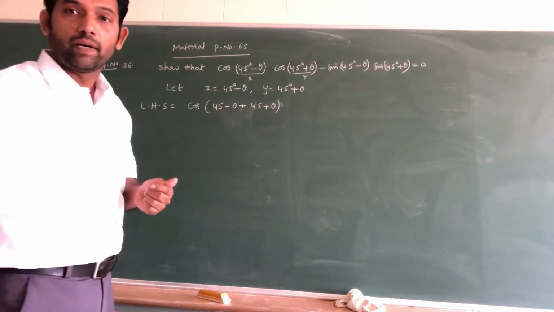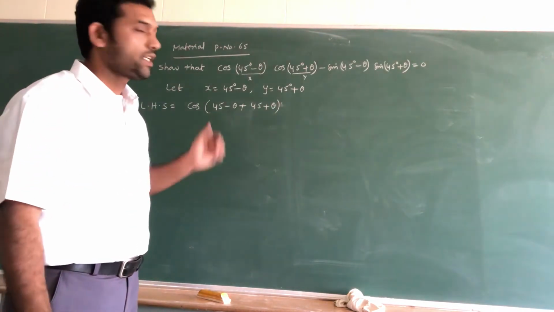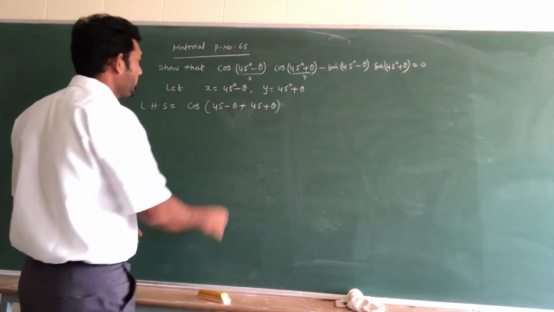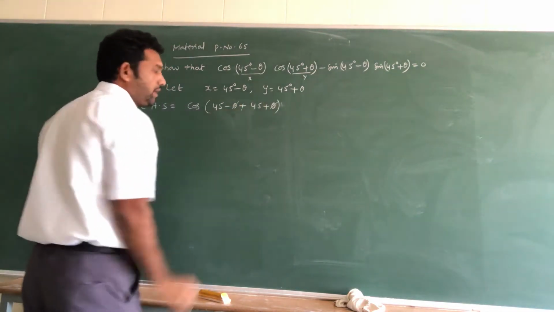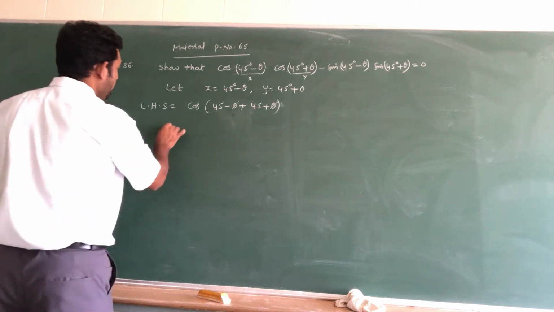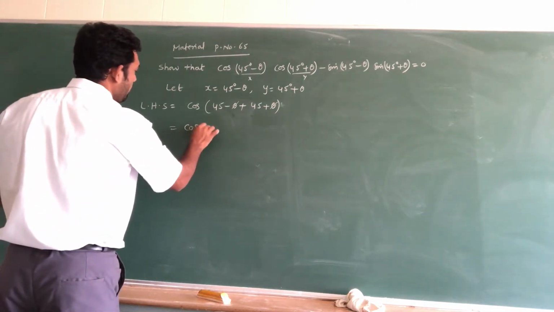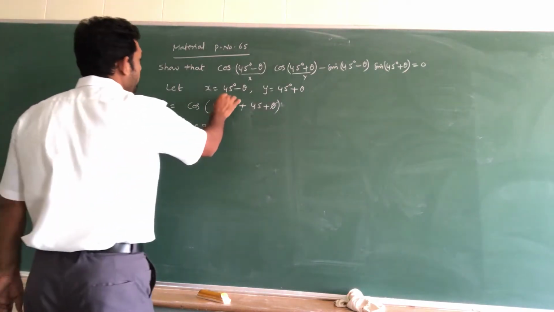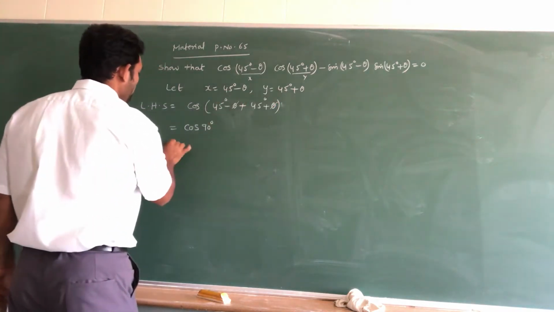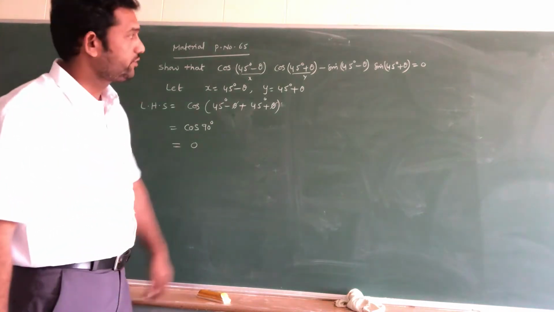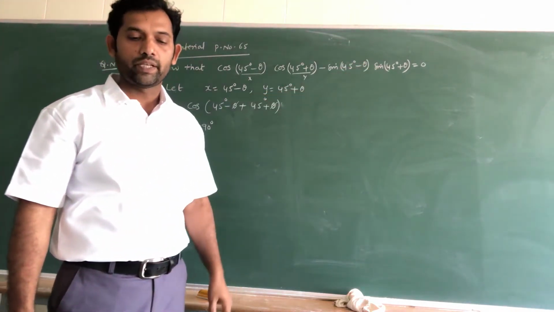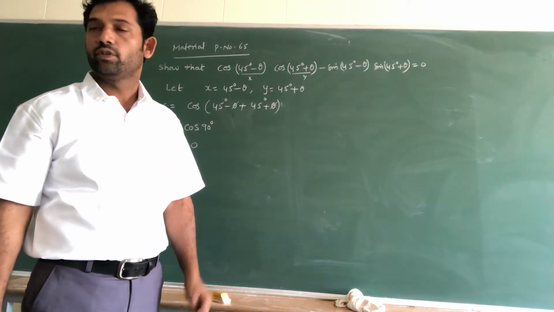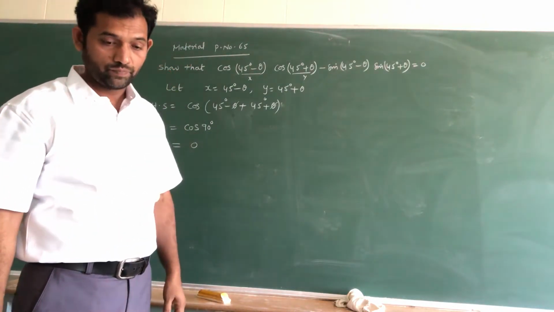So x plus y: plus theta and minus theta cancel. Then what is remaining? 45 plus 45, 90 degrees. So cos 90 degrees value is 0. That whole summation is 0. Note down fast.